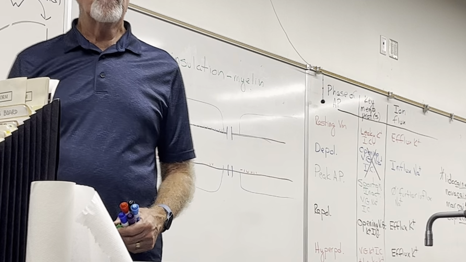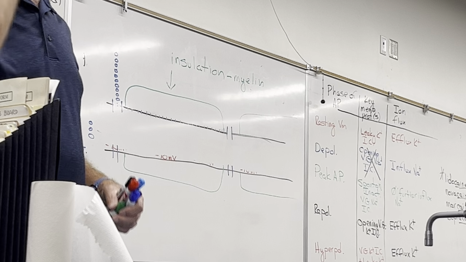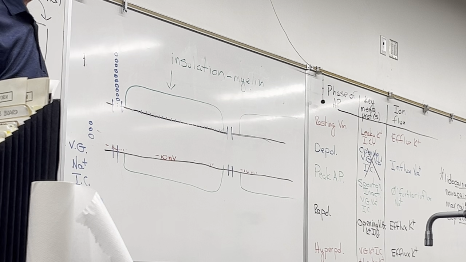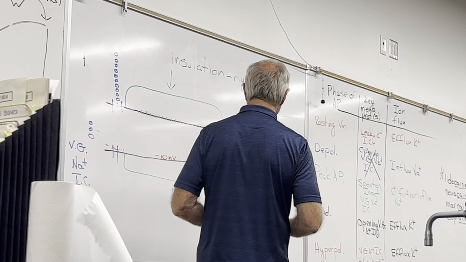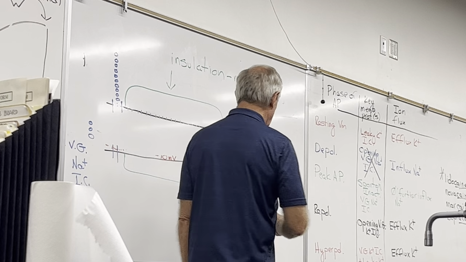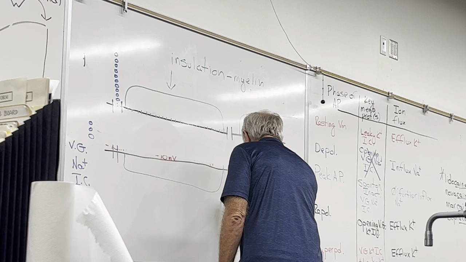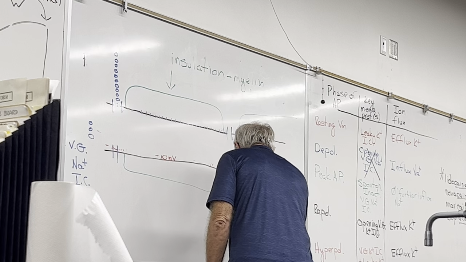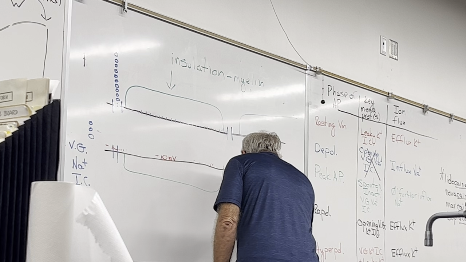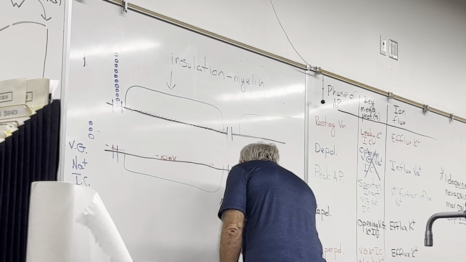If you don't know, you don't know. Not sure? Anybody, what are those known as? Very good, excellent. So these regions are known as the nodes of Ranvier.